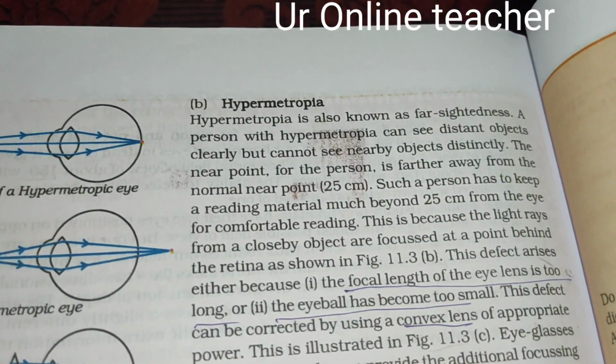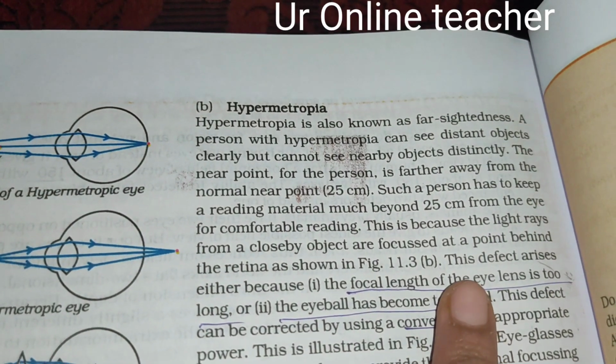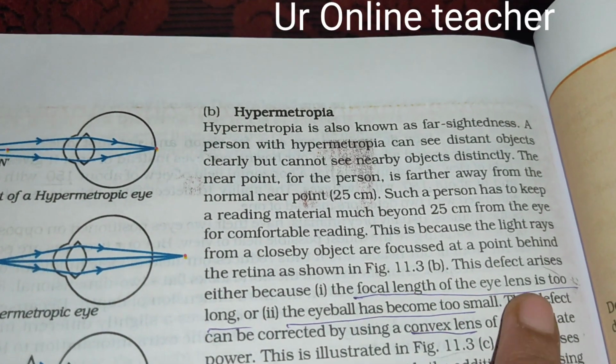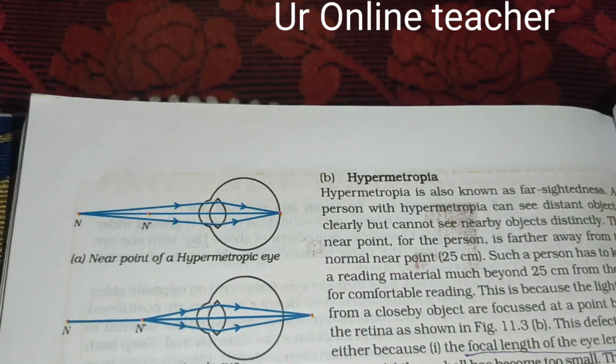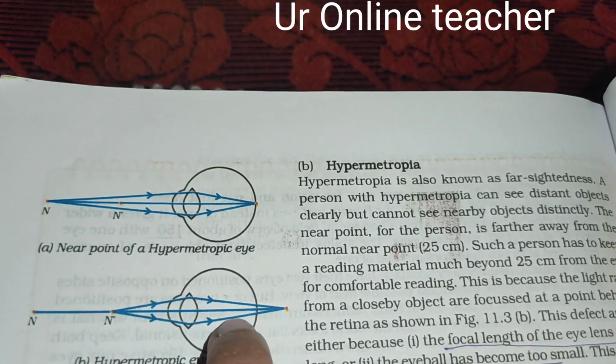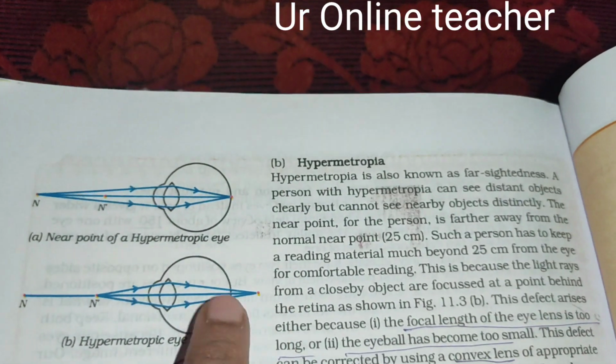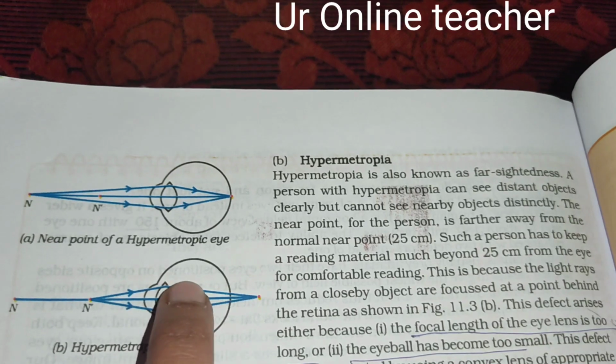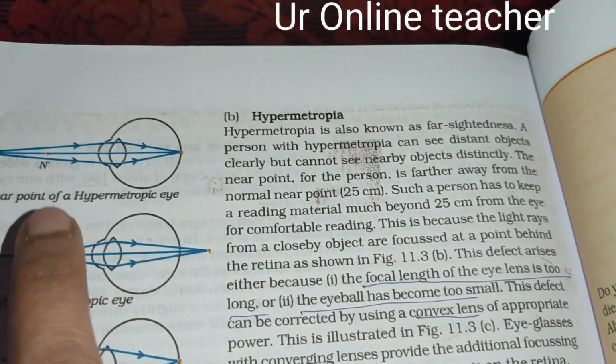This defect arises because the focal length of the eye lens is too long. If the focal length is too long, it is the reverse of that. It is going beyond. And also the eyeball became very small.